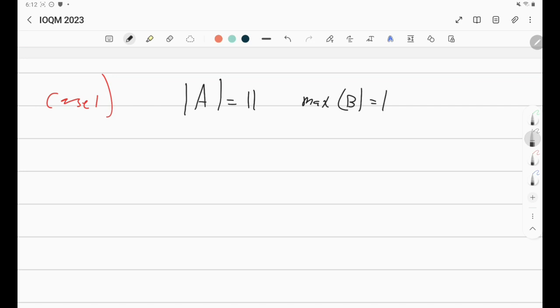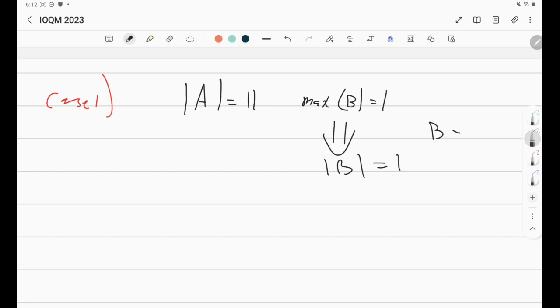This is actually really simple. What does it mean the max B is 1? Remember, these are positive integers, these sets. So if the max B is 1, then automatically the cardinality of B is 1, because it can have only 1 in it.